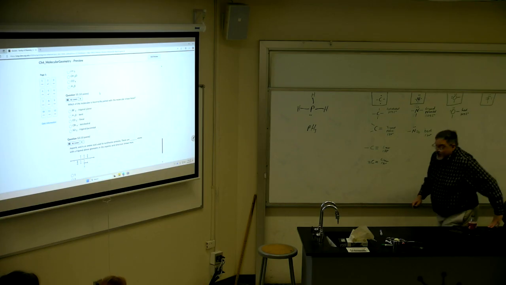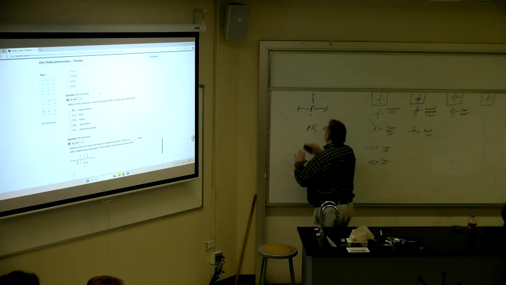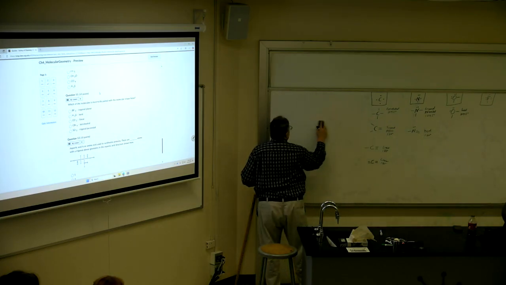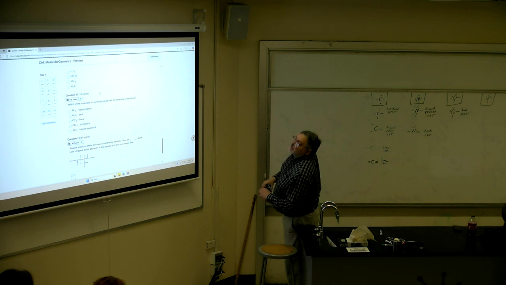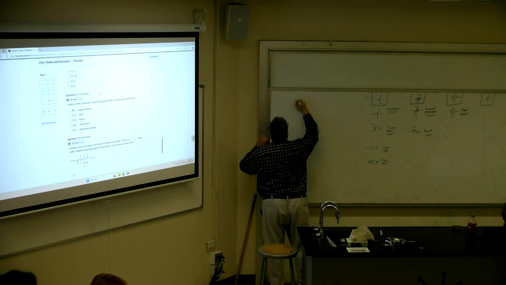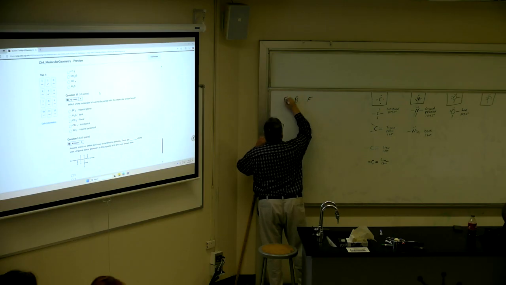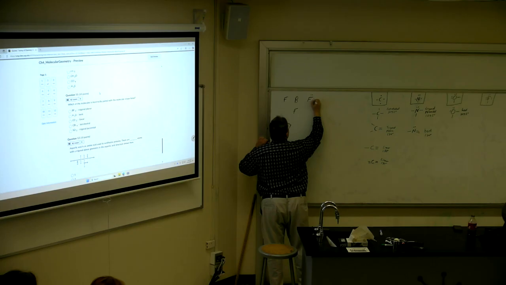BF3. Well, let me show you how you would make these small molecules the same way I did this one. Number 11, BF3. I'm going to go ahead and draw them where they should be. But here's your Lewis structures.